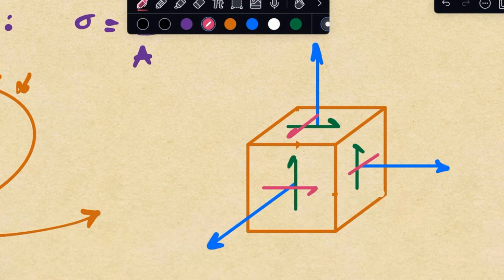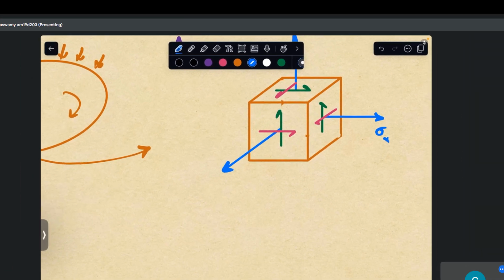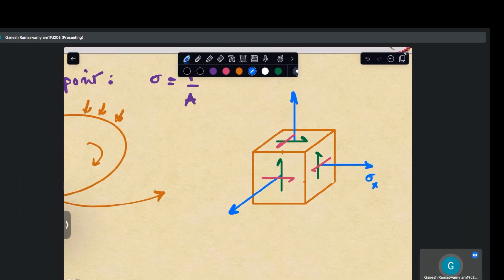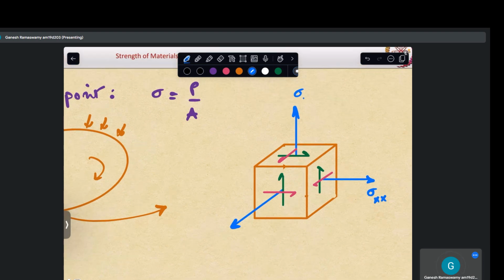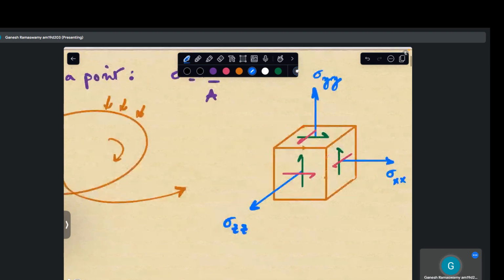Basically I have this as sigma x, since this is the x face and the force is acting in the x direction. Similarly, this is sigma y, acting in the y direction. This is sigma z, acting in the z direction.